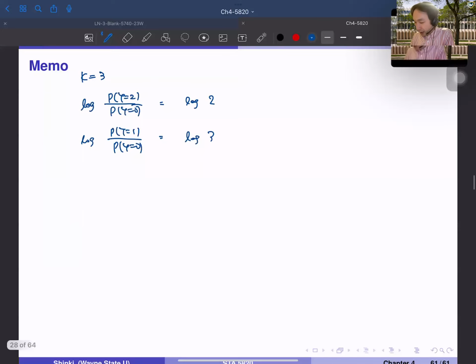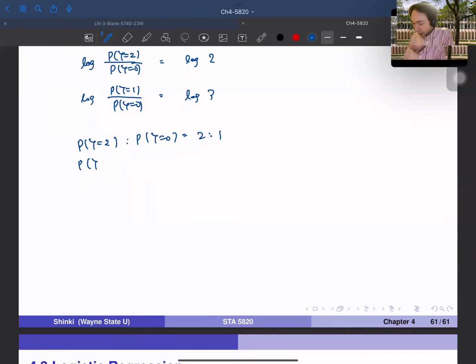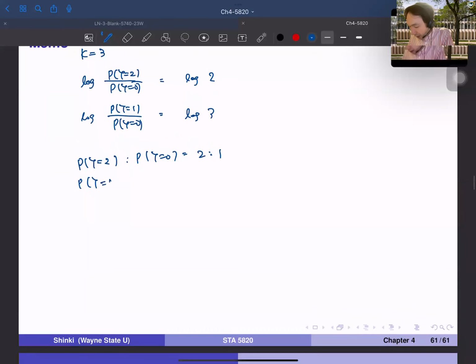Then you can see that P of y equals 2 to P of y equals 0 is 2 to 1, and P of y equals 1 to P of y equals 0 is 3 to 1. So that means this is 1 to 2 to 3, in total 6, but the total should be 1.